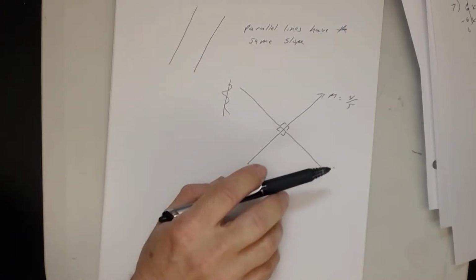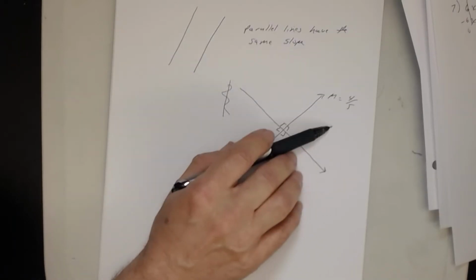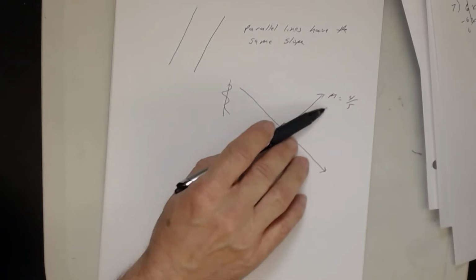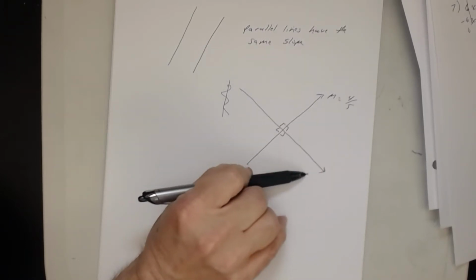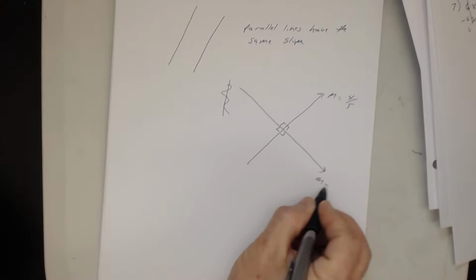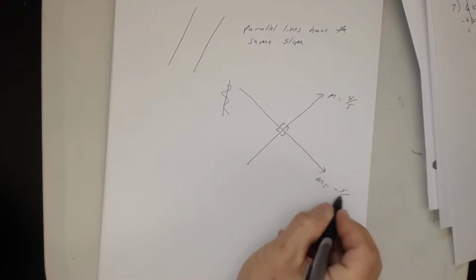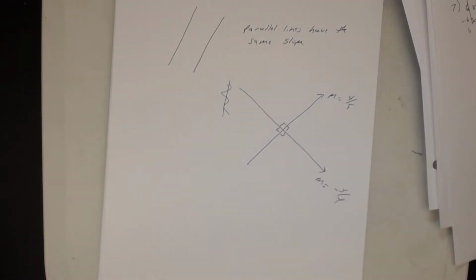So remember, one of the phrases in that worksheet was the idea of negative reciprocals. Okay, negative reciprocals. So what's the reciprocal of 4 fifths? 5 fourths. But they have to be negatives of each other. So if this is positive, this has to be negative. So it will be a negative 5 fourths.